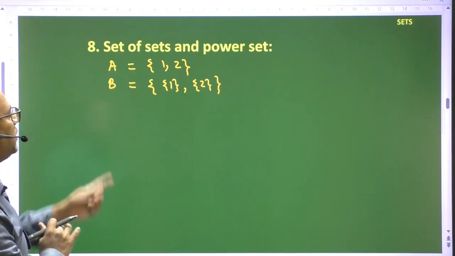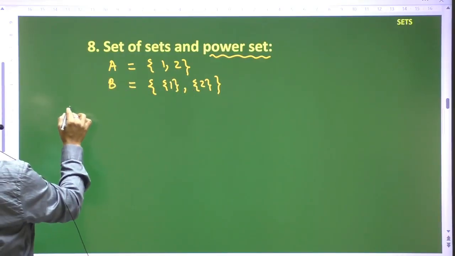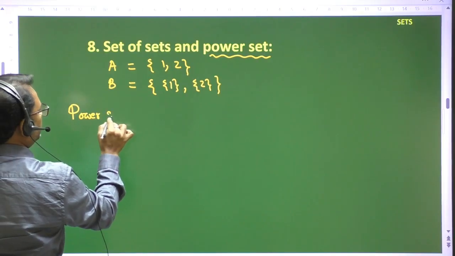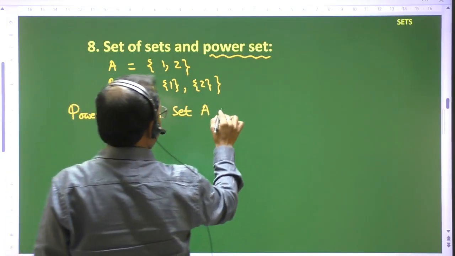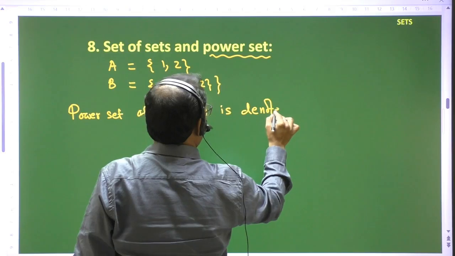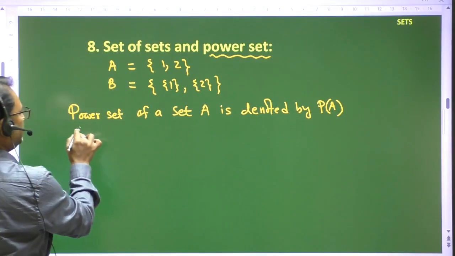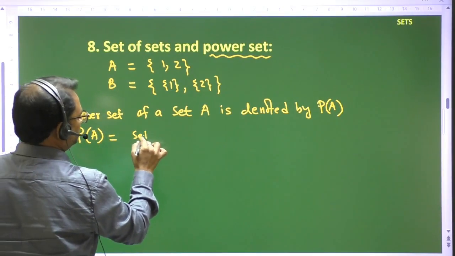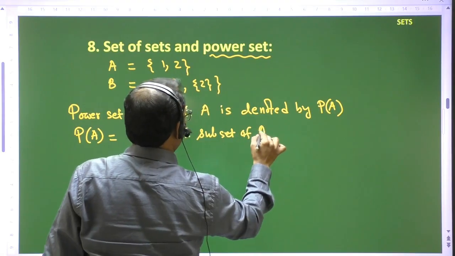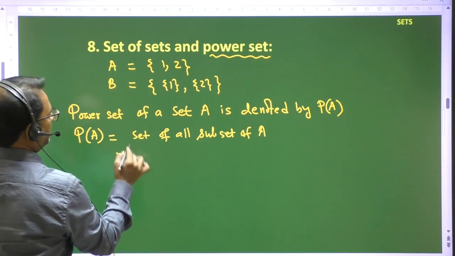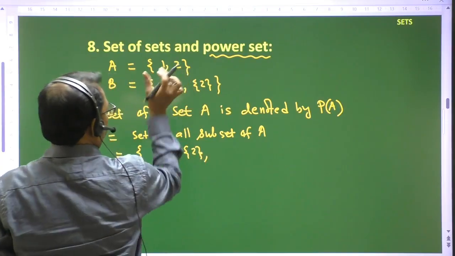Okay, now coming to the power set. Power set is a very important concept which is required to solve problems also. The power set of a set A is denoted by P of A, and the power set of A is the set of all subsets of A. Okay, so if A is {1, 2}, then the power set of A is: first we take element 1, then we take element 2, then we take 1 and 2 together.